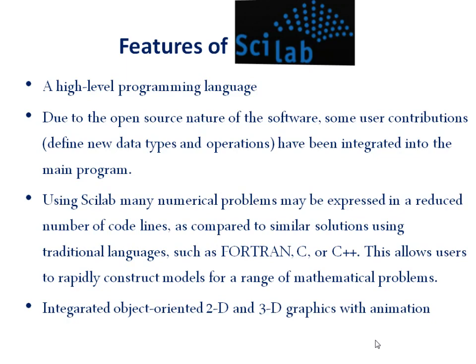Using Scilab, many numerical problems may be expressed in a reduced number of code lines as compared to similar programs using traditional languages such as Fortran, C, or C++. This allows users to rapidly construct models for a range of mathematical problems. In other words, writing syntax for Scilab is easy as compared to the traditional languages.